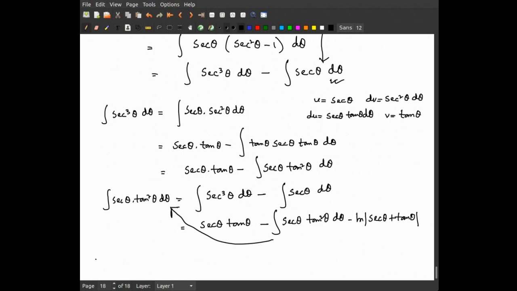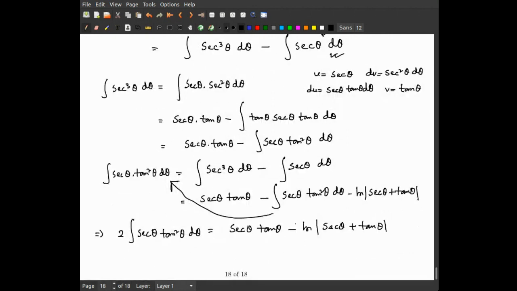So if I take this one on the other side, then it becomes 2 times the integral of secant theta tan square theta d theta equal to secant theta tan theta minus ln of secant theta plus tan theta.